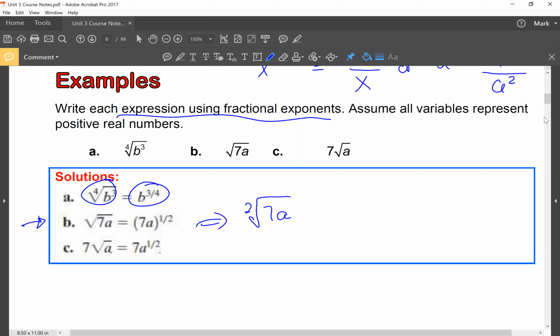In math, if somebody just writes x, it's technically equal to 1x. If somebody writes the square root, it's actually equal to the 2nd root.